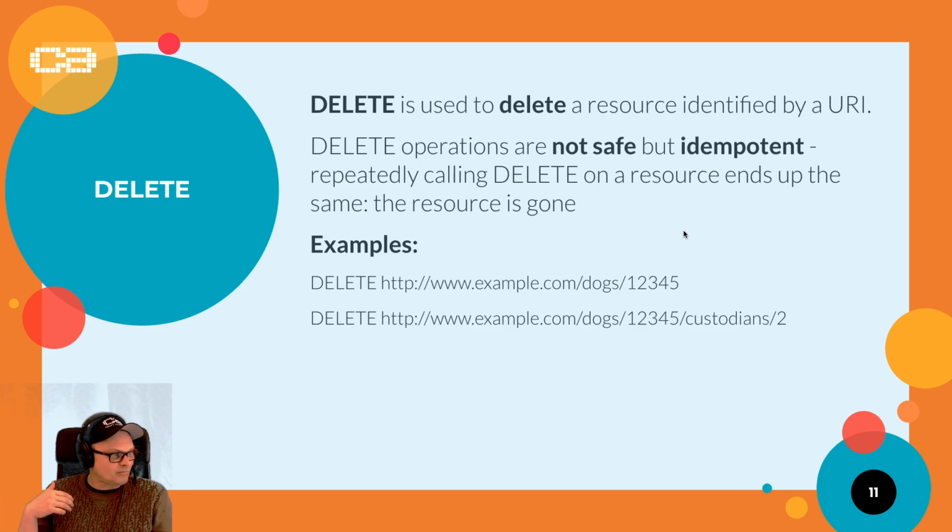Because if you call the delete method on a resource multiple times, the end result will be that the resource is deleted. Right? You can't kill what is already killed one way.